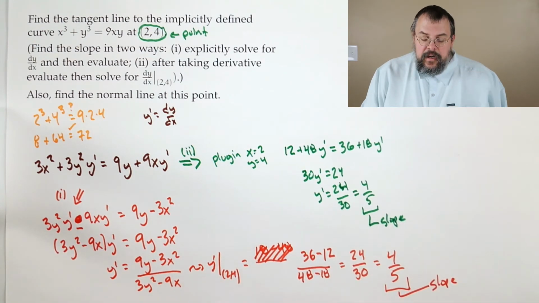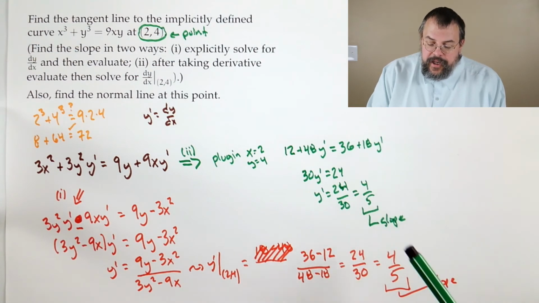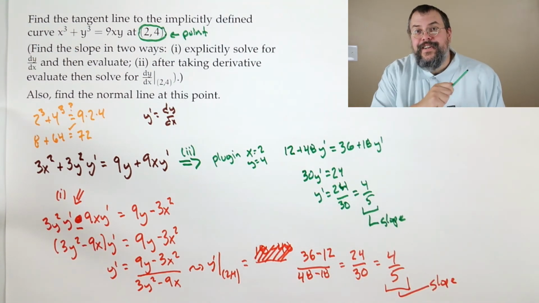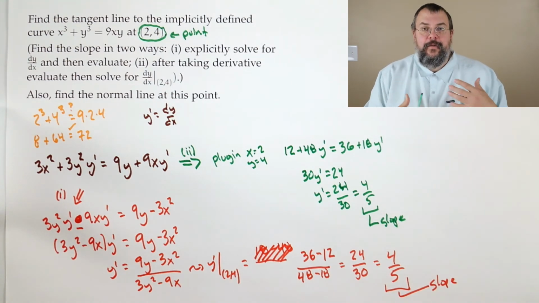And we're done. Now, let's compare the processes. At the end, we got the same answer. Coincidence? No, not a coincidence. Why? Because we're still going to end up finding the slope. The difference is just a matter of how much work we had to do along the way.